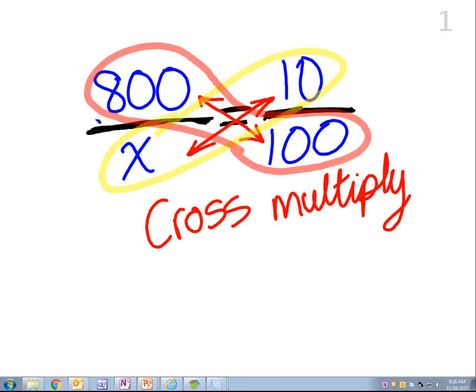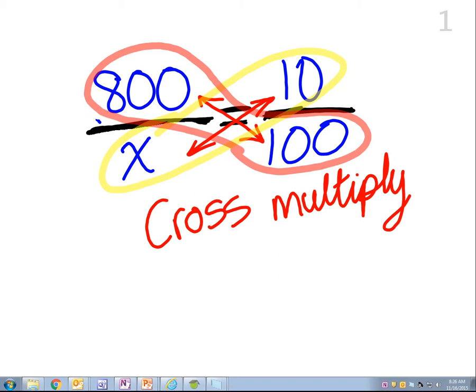What we did was we did cross multiplication. I multiplied the yellow highlighted area, 10 times x, and that equals the multiplication of 800 times 100. See the part that's highlighted in red? I multiplied those two together as well. You see how the red arrows in the middle make a multiplication symbol like an x?